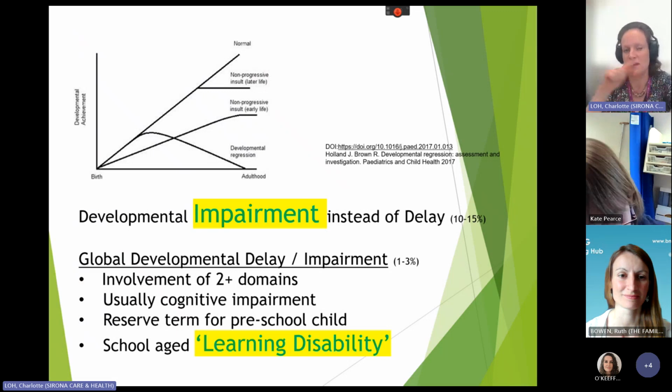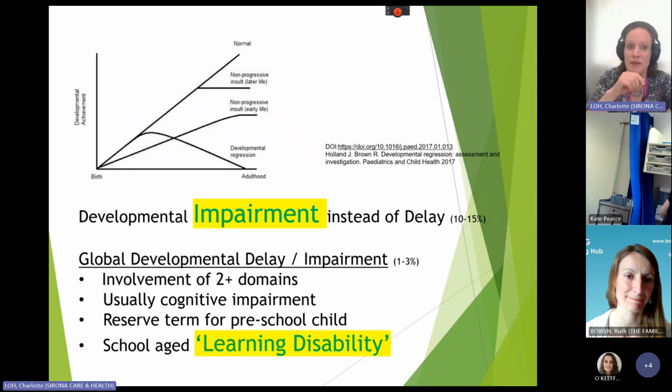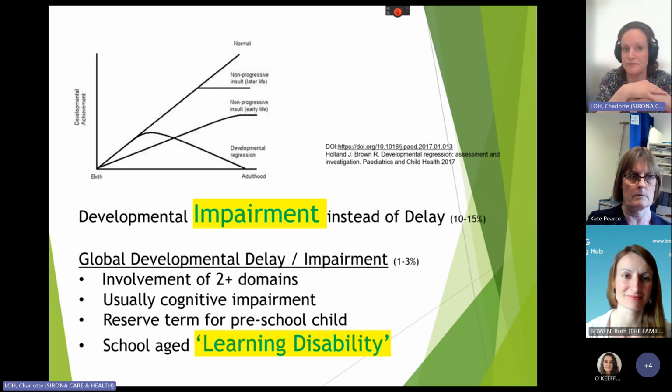So if the oblique line is normal, if that child had a non-progressive insult in later life, so for example, some head injury from an accident, they may have already gained many skills and then plateau off at that level. If that insult happened in early life, for example, in utero, they may never gain the full extent of the skills that they would have done if they had not had that insult.